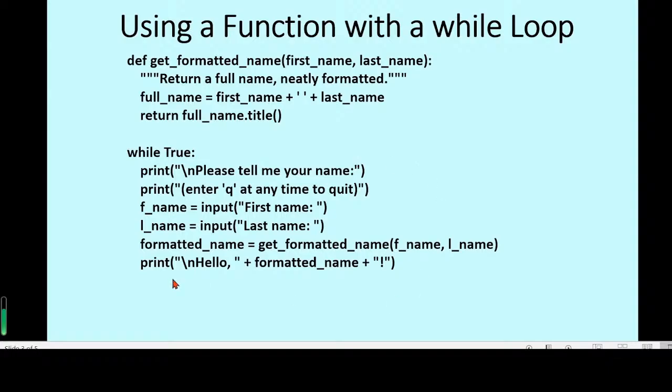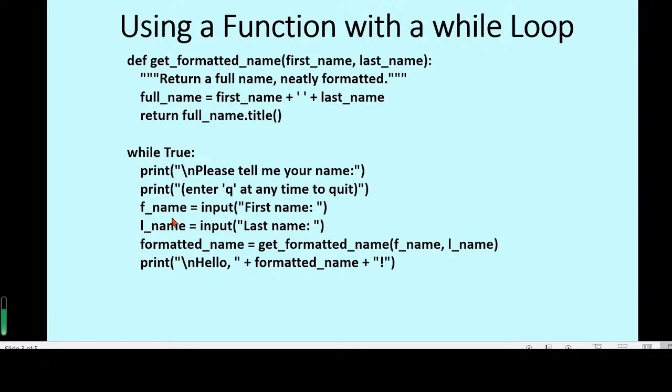Then we write a while loop. So while True, it will always be true if nothing happens. In the while loop, print a message for the user to input a name, and if the user inputs Q, then it will quit. Then the while loop will stop.